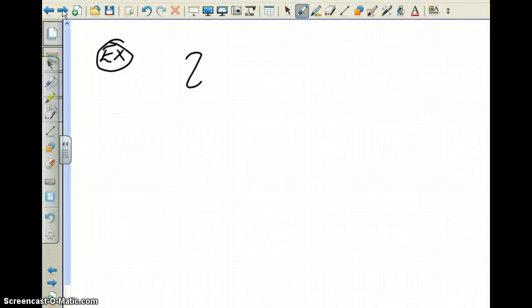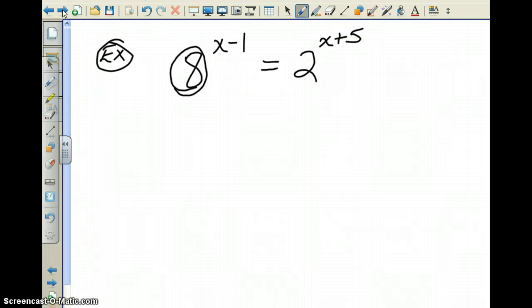So let's try this equation. 8 to the x minus 1 is equal to 2 to the x plus 5. So we need to change the bases. I would say we could change the bases into 2's because 8 is the same thing as 2 cubed.